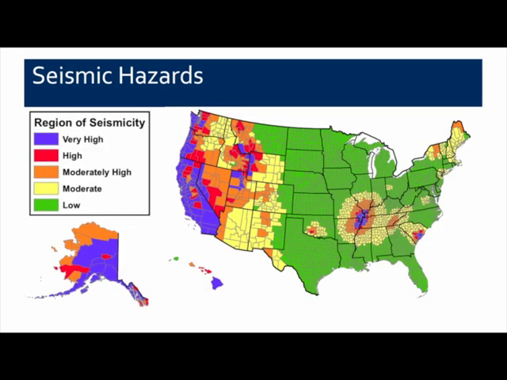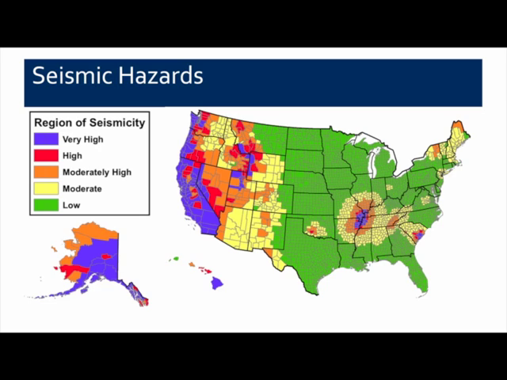So here is a seismic hazard map of the United States using the definitions that we've described before. And this is on a county-by-county basis throughout the United States, with the highest anticipated accelerations within the county defining what the region of seismicity is.